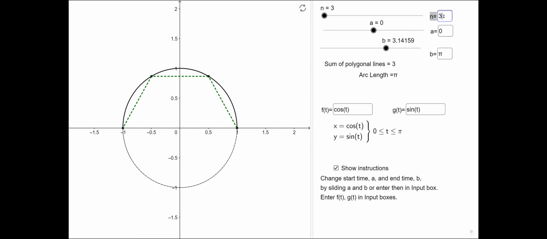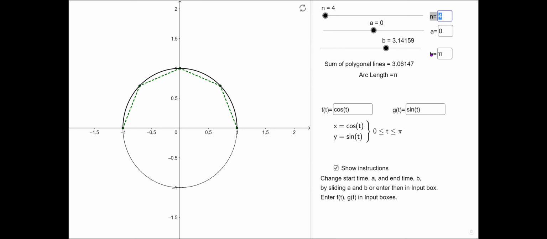If I use 4, you see that the green lines are approximating the arc, and it's a better approximation. Again, it's not hard to add up the lengths of these four, and that gives you an approximation of the arc length.